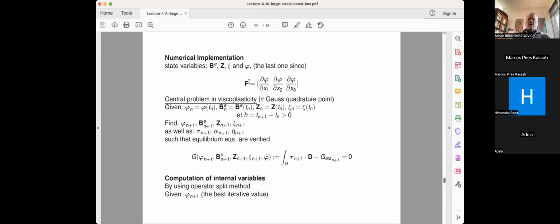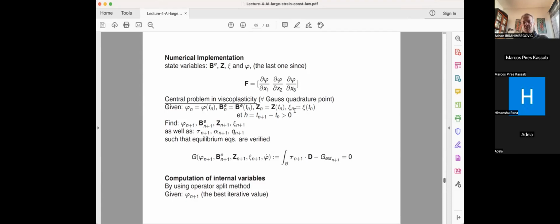And then given this current value of the deformation gradient, that means current value of the total strain, something like C, you can take the best iterative value, and then the problem reduces to computing all the values for the position, the elastic deformation, the backstrain, and in the kinematic and isotropic hardening.